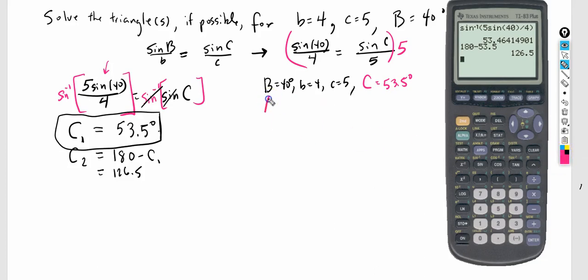So A1, since it's based on C1, is going to be 180 minus B minus this first possibility for C. And so that's going to be 180 minus 40 minus 53.5. Okay, so in my first possible triangle, my angle A is going to be 86.5 degrees.